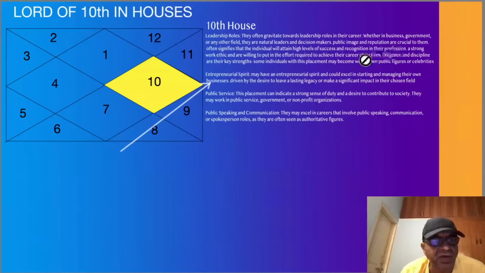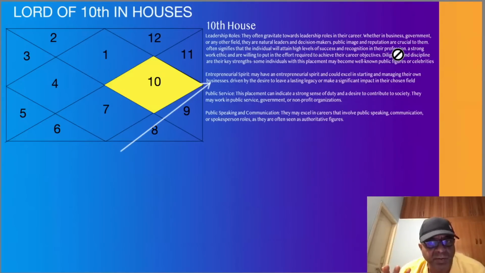Lastly, to conclude the D1 part, the Lord of 10th in 10th house. One of the things which I have marked with an arrow over there is the characteristic of entrepreneurial spirit. Entrepreneurs. She is a home-based business lady and she runs this entire business out of her home, 4th house.